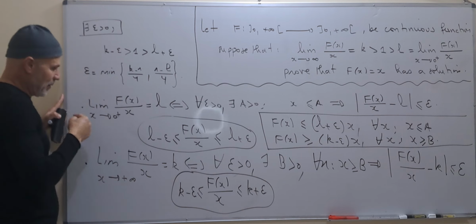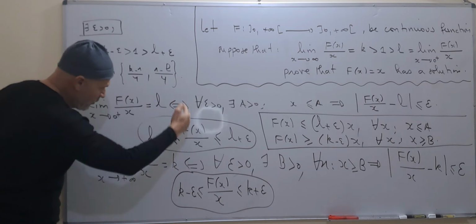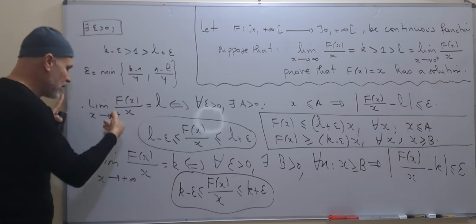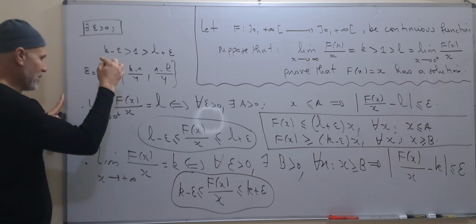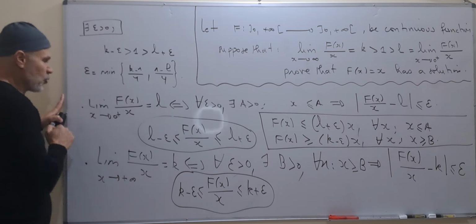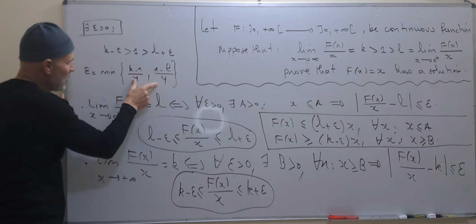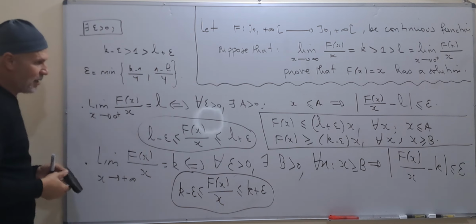And why are we able to do this? Because these two formulas are true for all epsilon, especially if we choose epsilon equal to this value, we will find A and B.